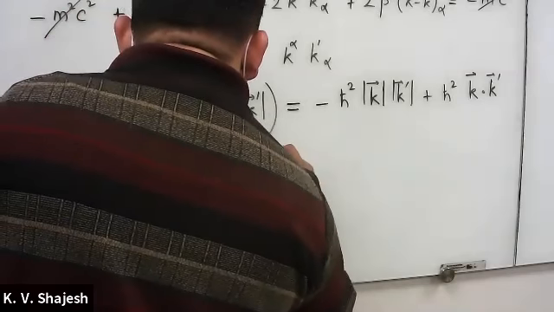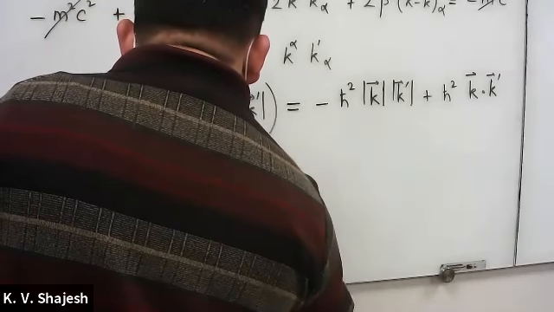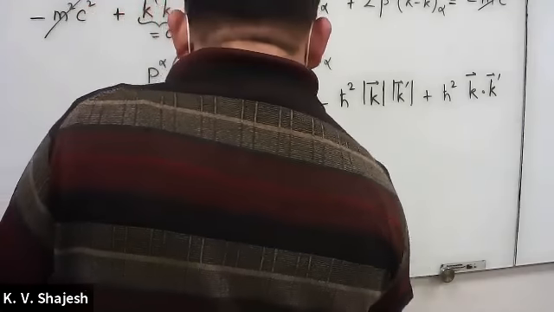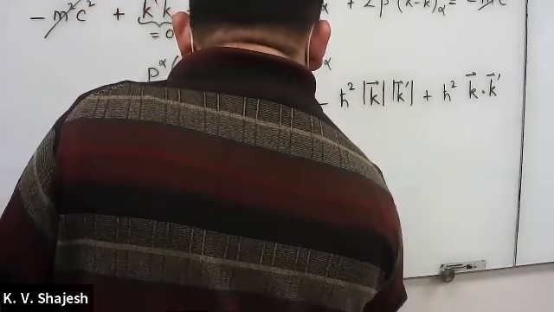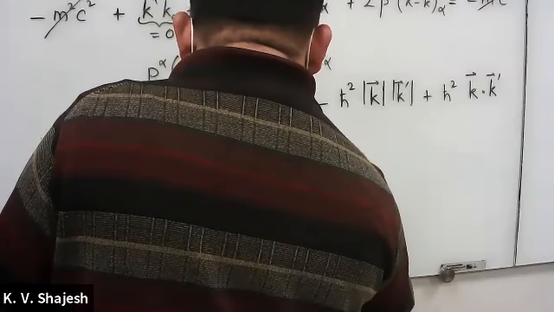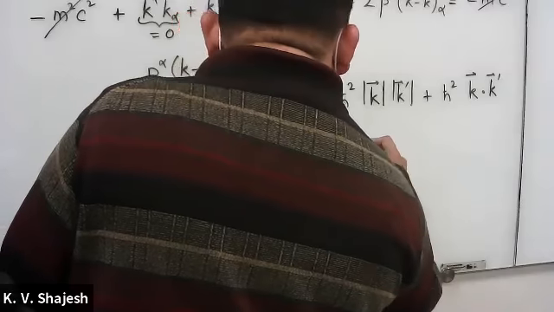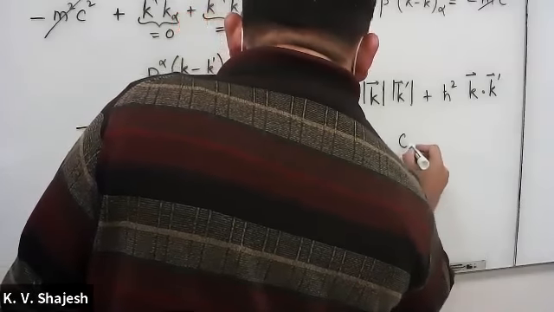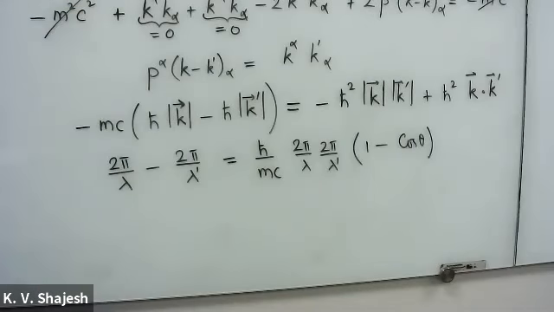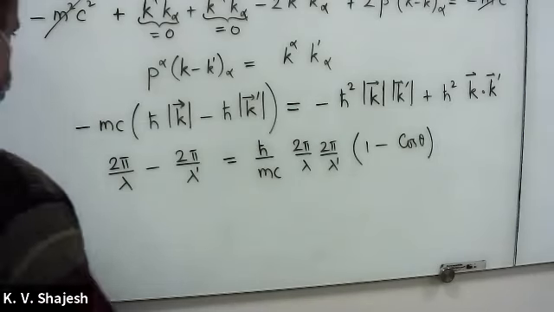That's one h bar remaining, so it's h bar over MC, and there is 2 pi over lambda, 2 pi over lambda prime, and there is 1 minus cosine theta. The dot product between k and k prime is the magnitude of k times the magnitude of k prime times cosine theta.